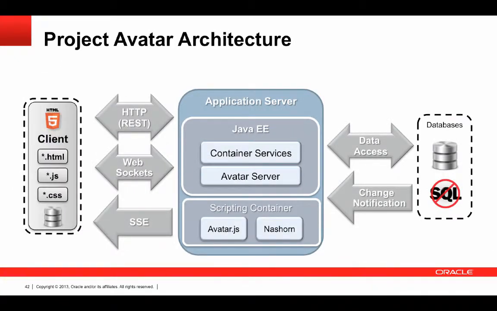The Avatar architecture is very similar to what we've been discussing in this session, dealing with REST, WebSocket, and server-sent events out to an HTML5 client. On the server side, we have our Java EE container with all of our standard resources, as well as an Avatar server for processing custom web resources and integrating a scripting container with the subcomponent Avatar.js, the separate java.net project, and JDK8's Nashorn project to give us this rich server-side JavaScript processing.